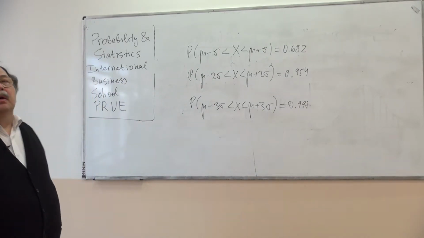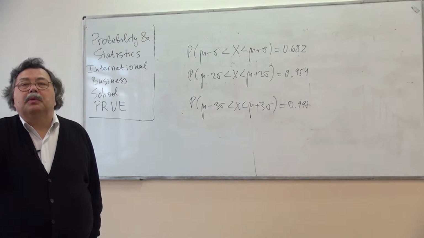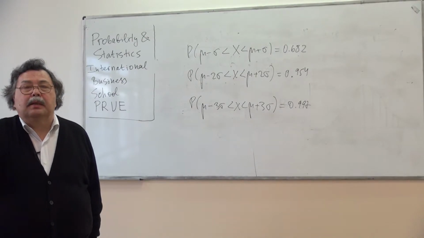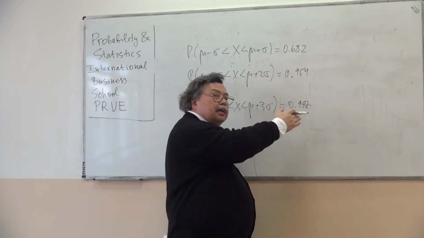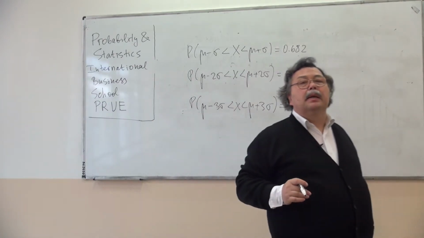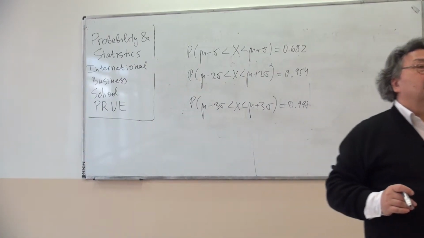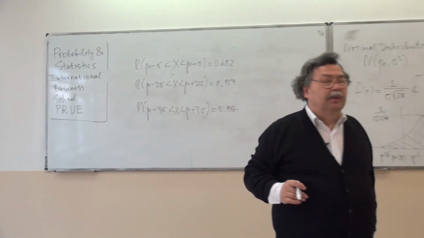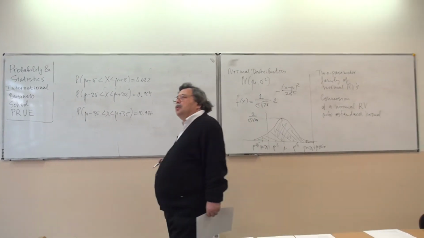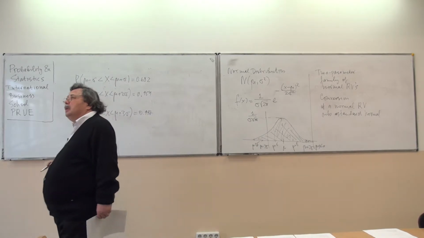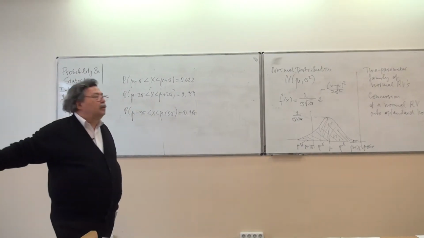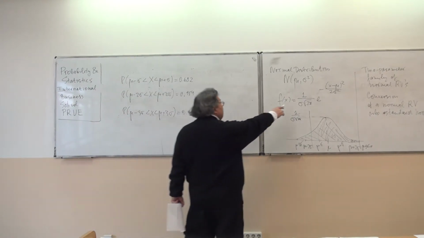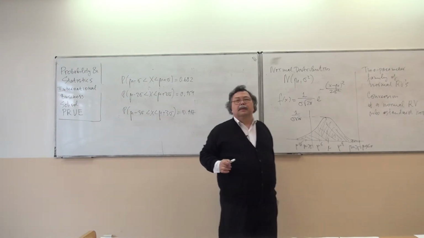Now, what's important to understand here is that these formulas and these exact numbers relate to any normal distribution, not just one particular distribution. Which leads us to the guess that we don't have to use this difficult formula.